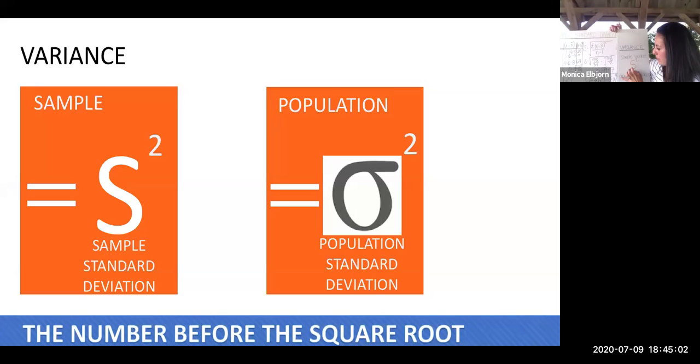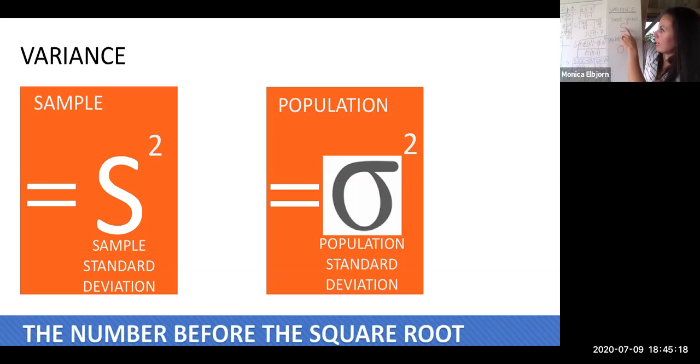So can someone tell me what will be our variance for the first set, for 1, 3, and 14? We said that our standard deviation was 7, and this one is S squared.